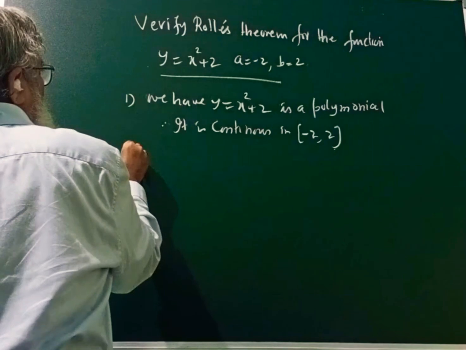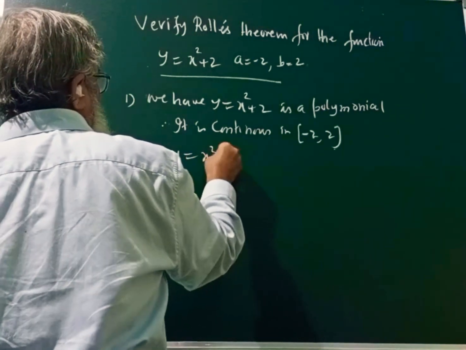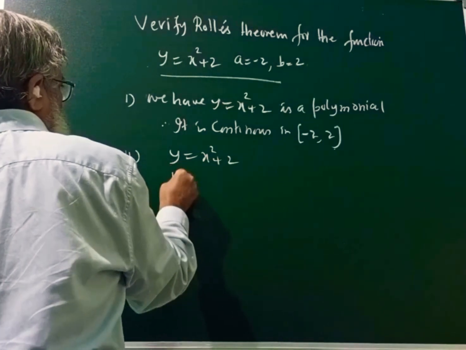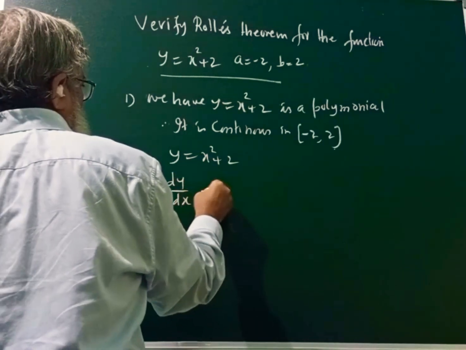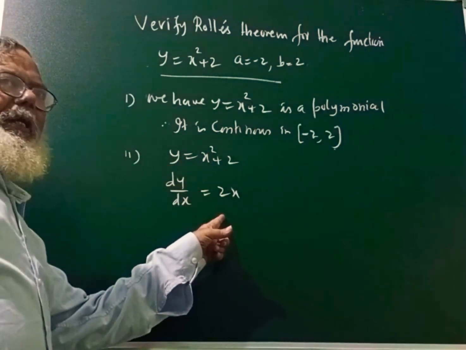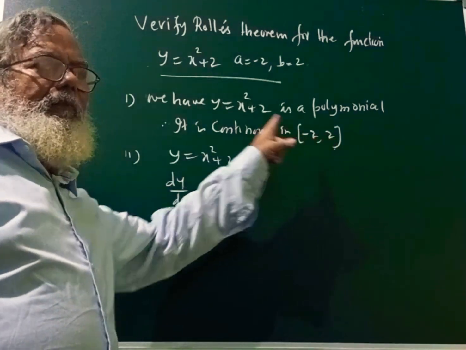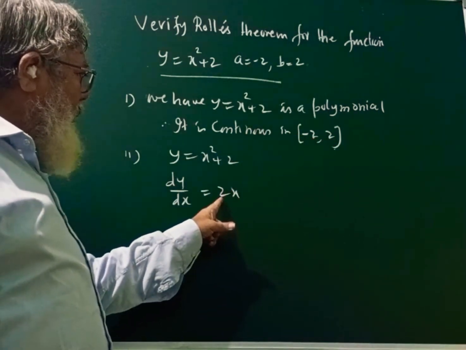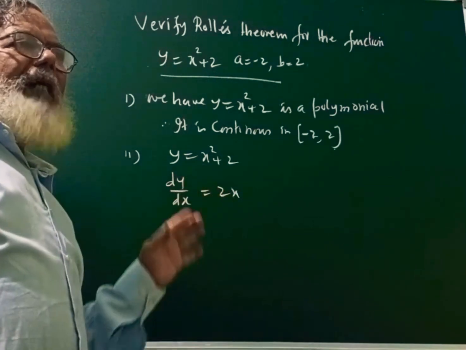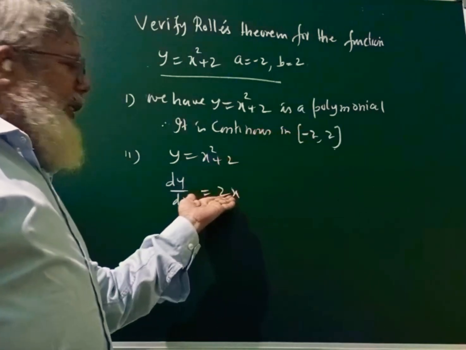First condition. Second condition. Now y is equal to x square plus 2 and y dash or dy by dx is equal to 2x. Now we have to see, for any value in this interval, whether the derivative becomes infinite or not. No, for no value it is infinite.